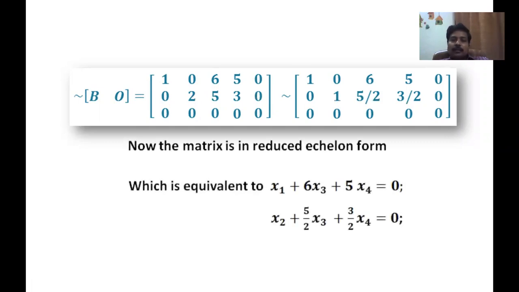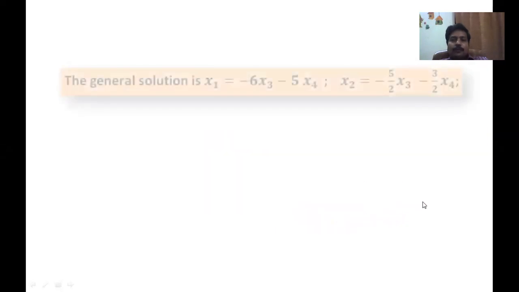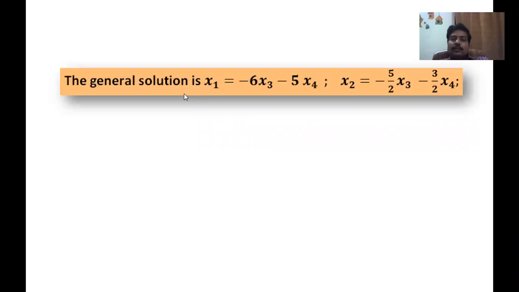So the equivalent equations are x1 plus 6x3 plus 5x4 equals 0, and x2 plus 5 by 2 x3 plus 3 by 2 x4 equals 0. So the general solution is x1 equals minus 6x3 minus 5x4, converting the equations like this, and x2 equals minus 5 by 2 x3 minus 3 by 2 x4, with free variables x3 and x4.